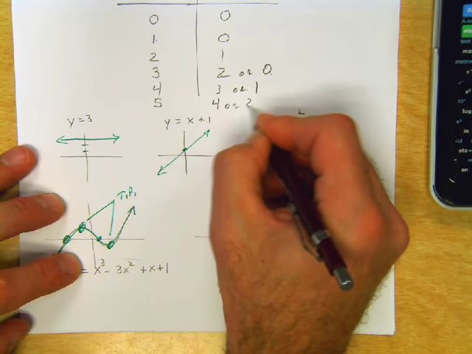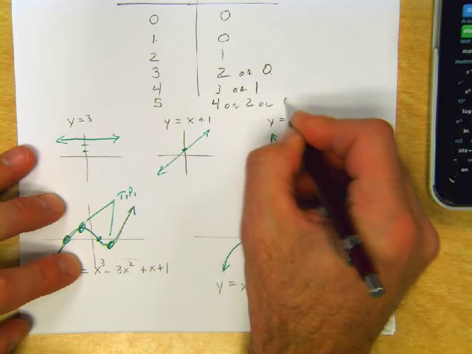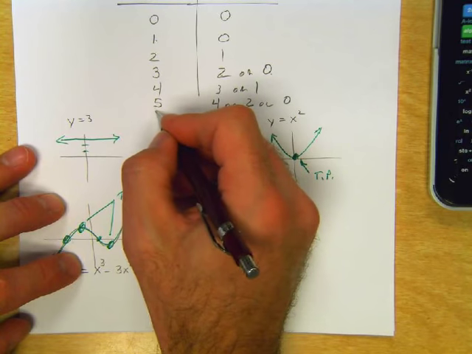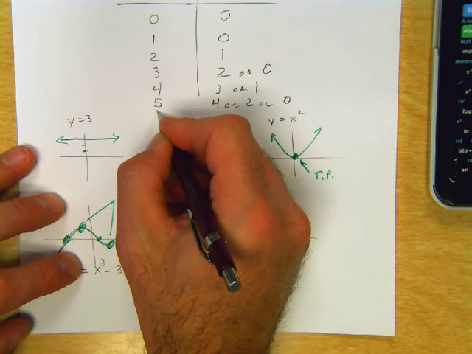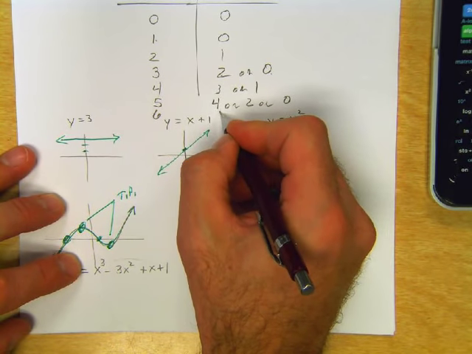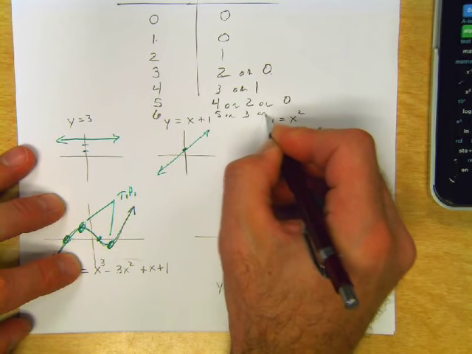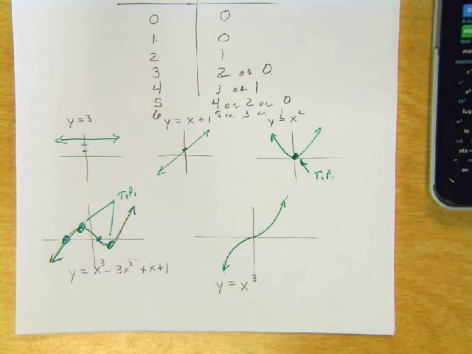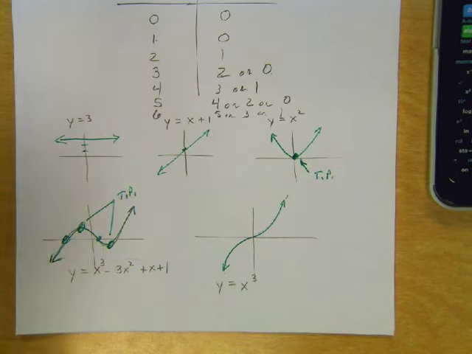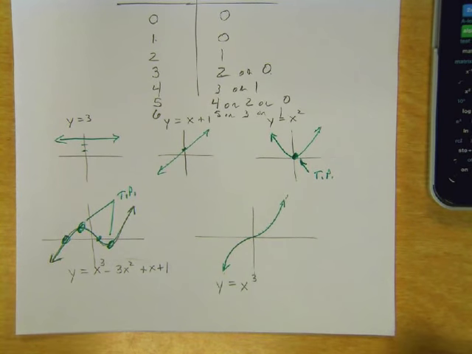Okay, next, degree 5. 5 minus 1 is 4. Or 2. Or 0. Let's do one more. I'm running out of room. If you do a 6th degree, you would have 5. Or 3. Or 1. And the pattern goes like that forever.